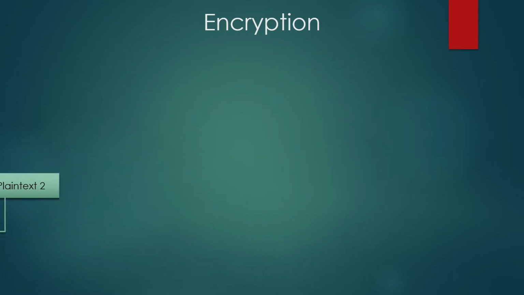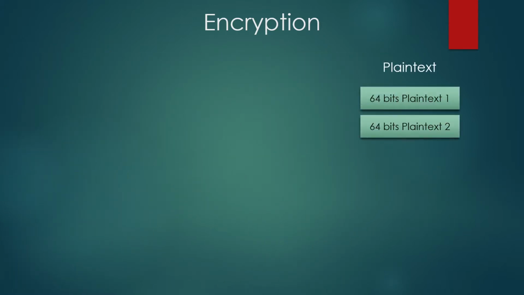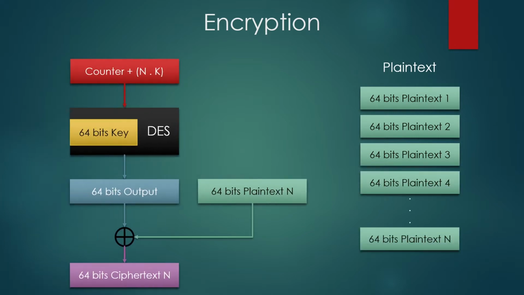This step will be repeated for n blocks of the plaintext. For every n block, which is a set of natural numbers, the counter will increment by 1 or by a constant value, k. For this video, we have assumed that the constant value to be incremented is 1.